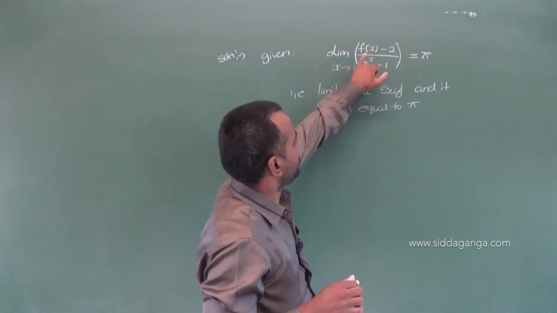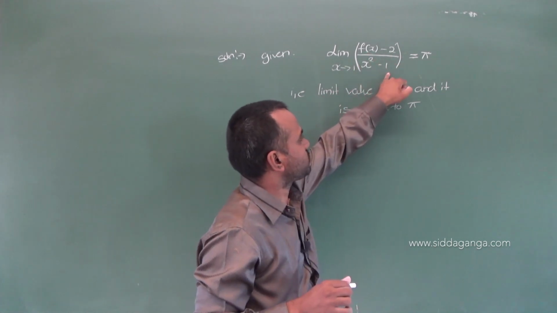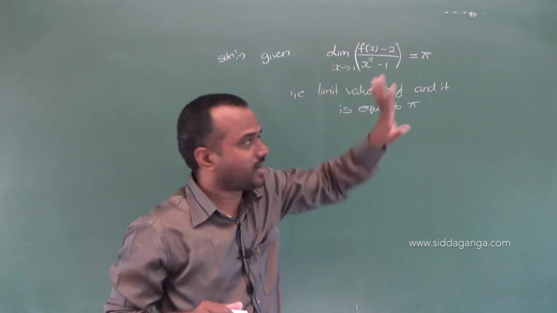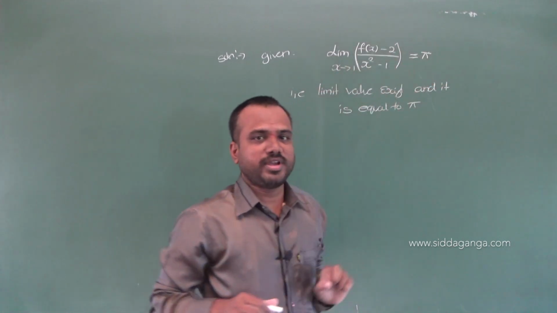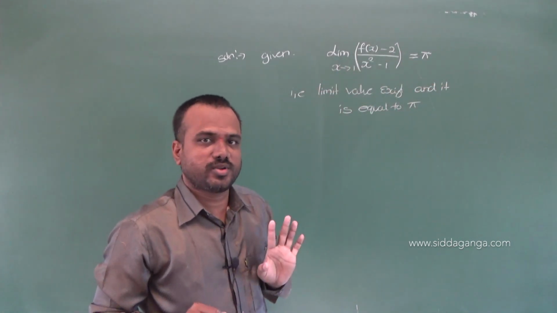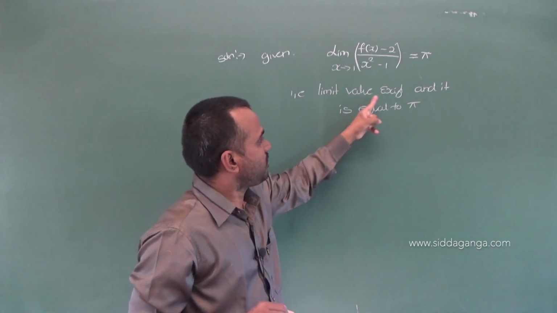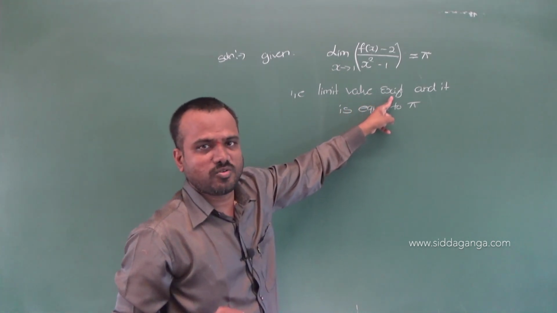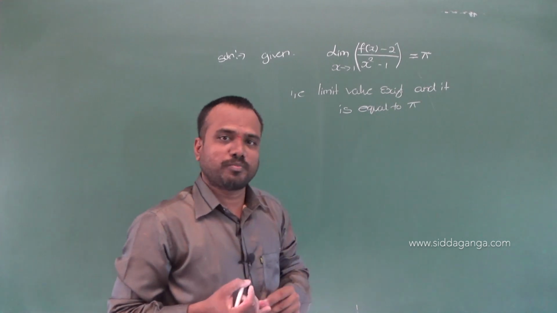Limit x tends to 1, f of x minus 2 divided by x square minus 1 is equal to pi. This complete answer is pi, this is given, that means the limit value exists and it is equal to pi.